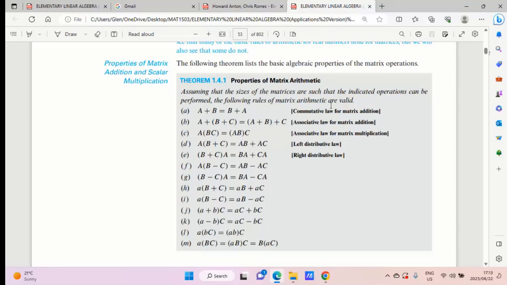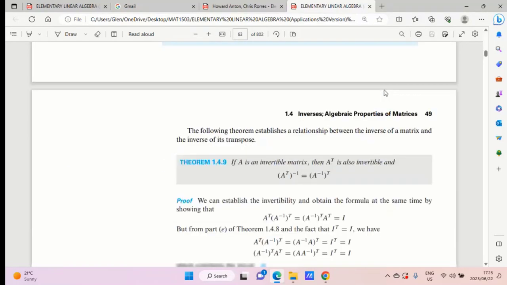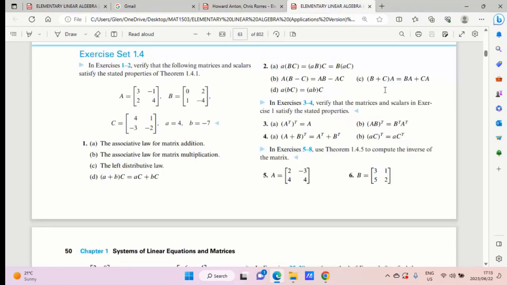Okay, can I go back to the questions? Yes, thanks. So we have to know the associative law for matrix multiplication.